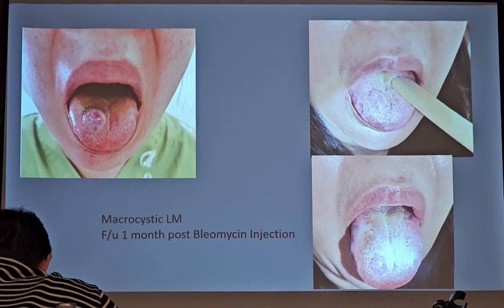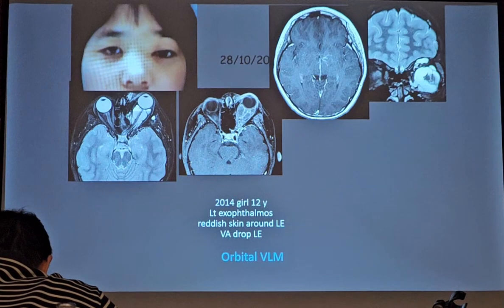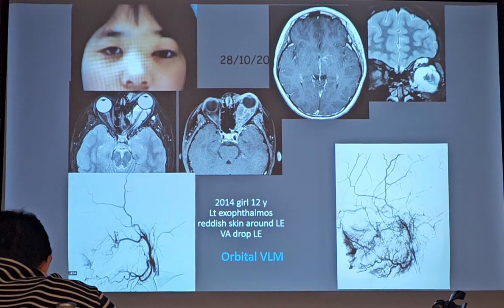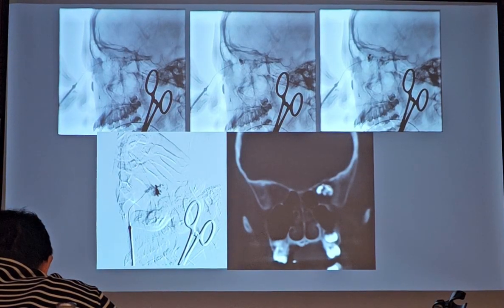Macrocystic lesion is getting much better with the bleomycin. For the eye, as I told you, we try to work with ophthalmologists to hook into the lesion, and this is how we use both ultrasound and fluoroscopy. If you are able to hook there, you know that you get a drainage, which usually becomes venous blood.